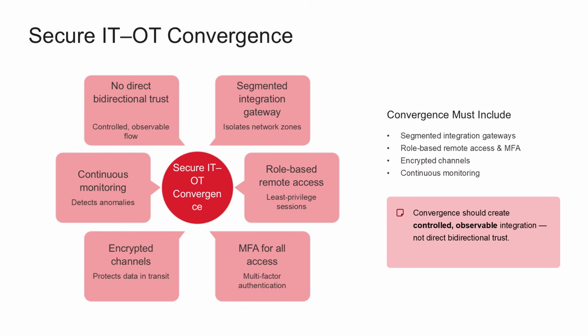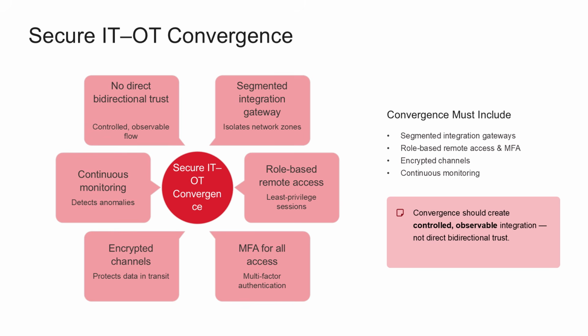Examples include centralized monitoring dashboards, cloud analytics on operational data, remote maintenance capabilities, predictive maintenance systems. Convergence introduces efficiency but increases exposure. You must design secure convergence models that include segmented integration gateways, role-based remote access, multi-factor authentication for OT access, encrypted communication channels, continuous monitoring of convergence points.